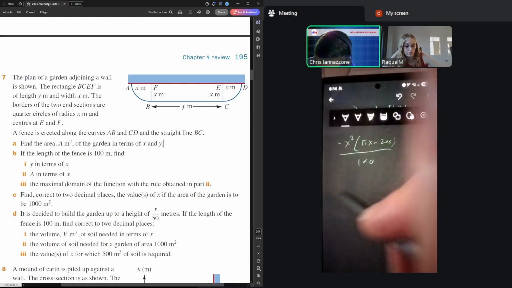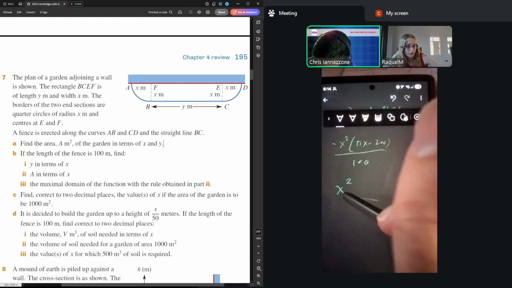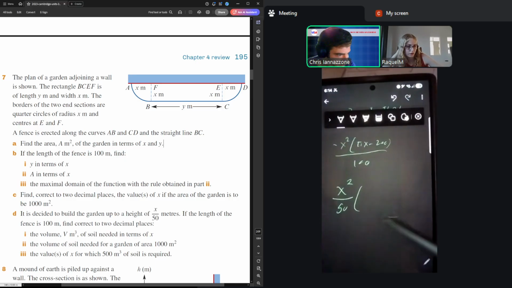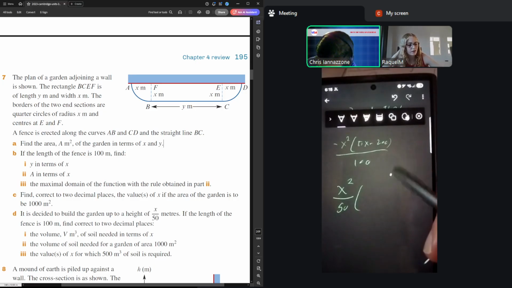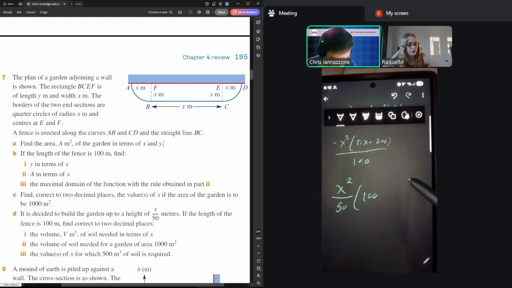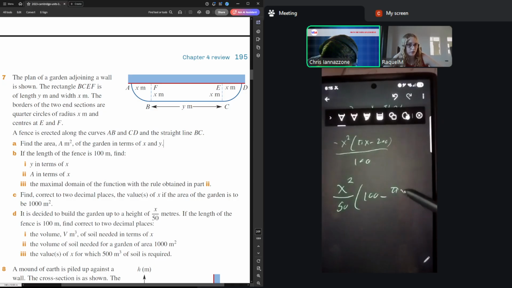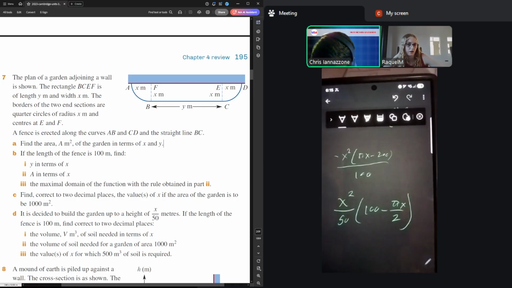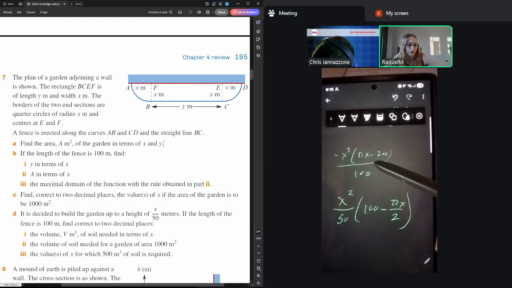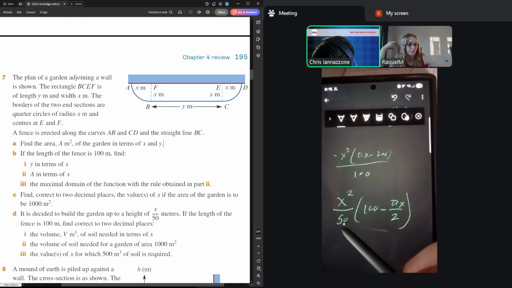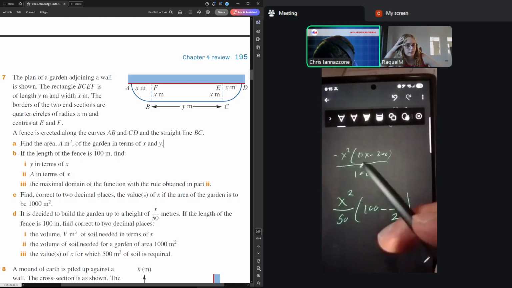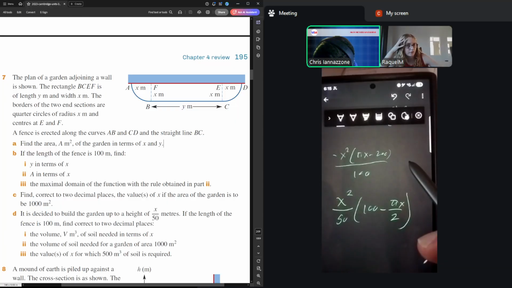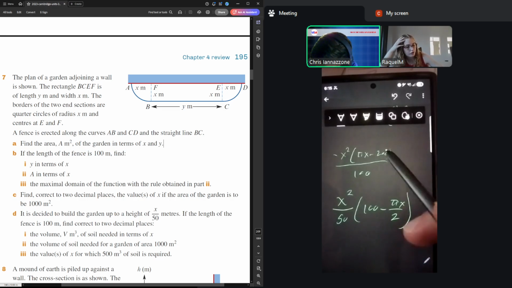They've got x squared on 50, and then just the answer we had before, so 100 minus pi x on 2. Okay, I'm just trying to see, because this 50 in here is the thing that doesn't look like it fits in. Maybe it does. It's super easy. 50 fits into there as 100, and oh yeah, the 200 can, yeah.